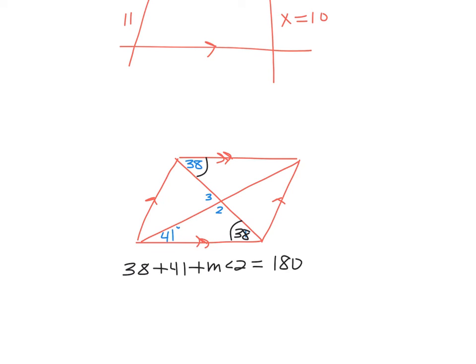So you're going to do 180 minus 38 minus 41, which comes out to 101. So angle 2 is 101, and then these two form a straight line, which has to add up to 180. So 180 minus 101, you get 79 degrees for angle 3.